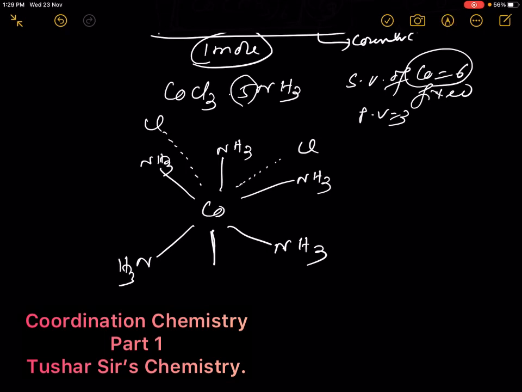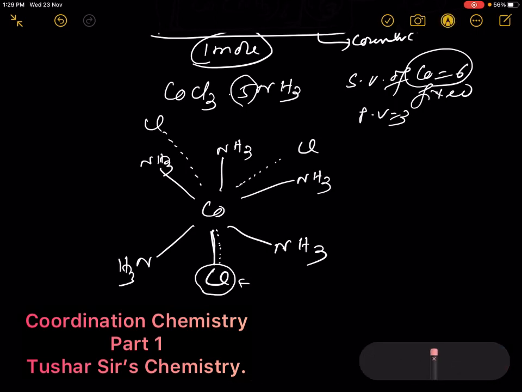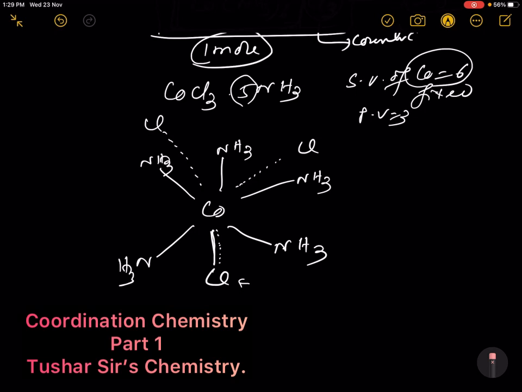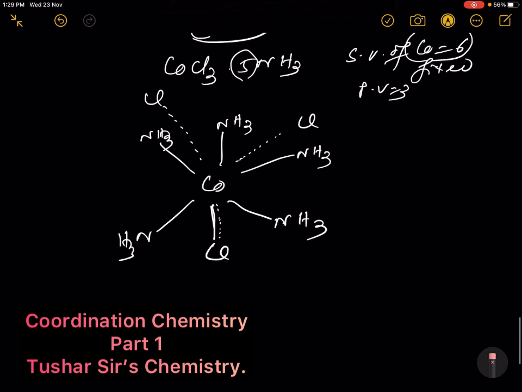So we should write a dotted line over here. That means chlorine here forms a coordinate bond with the central metal atom. And this compound in modern theory can be written in a different style.